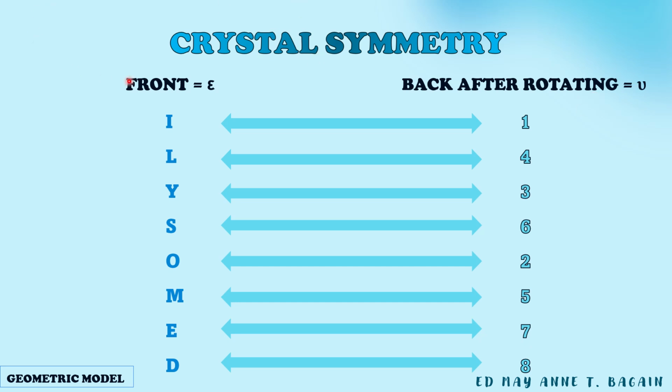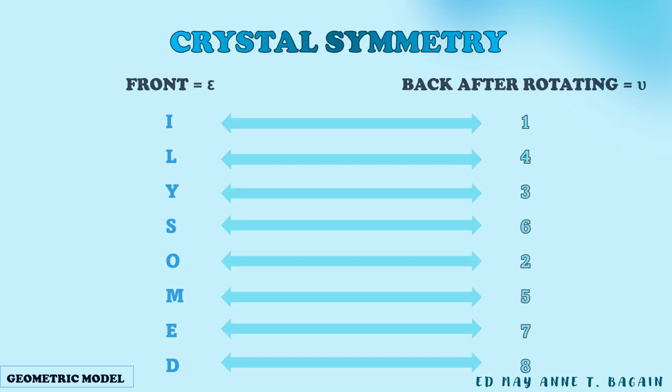For this project, for the front I will use epsilon, and upsilon for the back. Epsilon is for the front moves, so we're just turning it to the left. And upsilon is if we are doing the moves at the back, which is rotate to the right and then turns to the left. So we will change the front moves from I, L, Y, S, O, M, E, D to epsilon, and then from 1, 4, 3, 6, 2, 5, 7, 8 to upsilon.